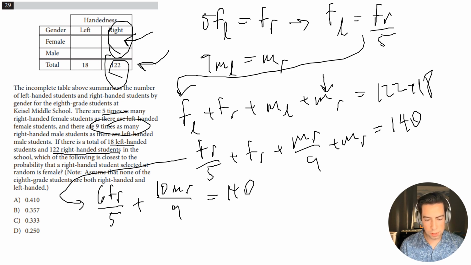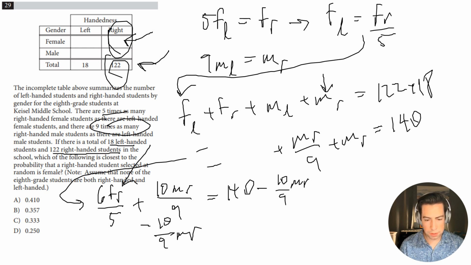Okay, so this is a good expression here. Now I want to figure out what this value is right here. So let's go ahead and subtract 10 ninths m sub r from both sides.